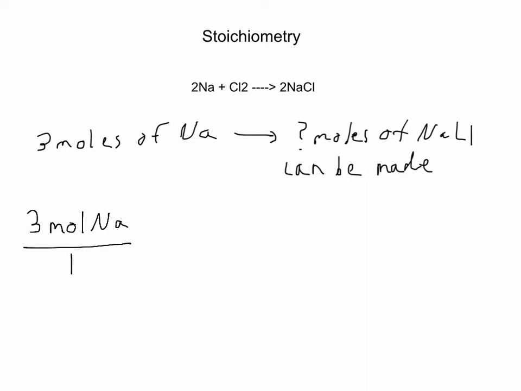And that's going to go over 1 times a new fraction, old unit on the bottom, so moles sodium. And what are we looking for? We're looking for moles of sodium chloride.